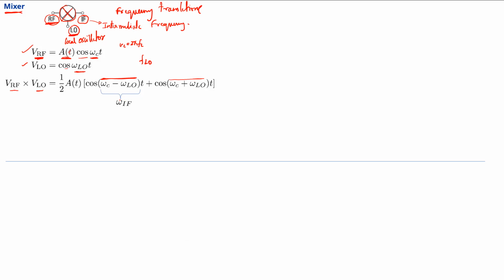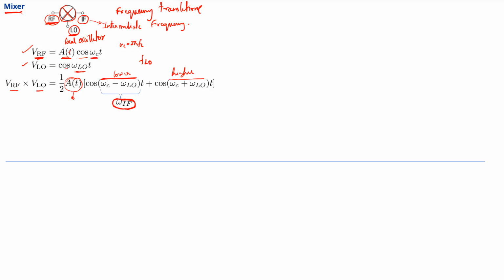The omega c minus omega LO is what we call the intermediate frequency, the lower frequency component, and omega c plus omega LO is obviously the higher frequency component. In a receiver, it is this lower frequency component, the intermediate frequency, that is extracted, which still has the amplitude information prior to demodulation.